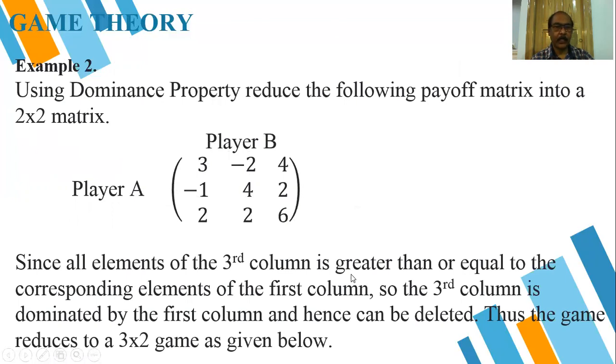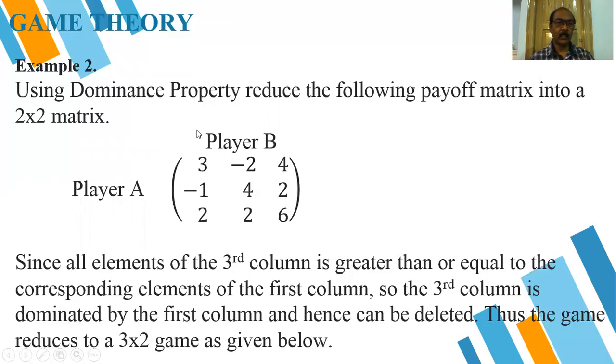Now if we compare this third column with the first column, each and every element of the third column, if we compare with the elements of the first column, we see 4 is greater than 3, 2 is greater than -1 and 6 is greater than 2. So you can say each and every element of the third column is, strictly in this case, greater than the corresponding element in the first column.